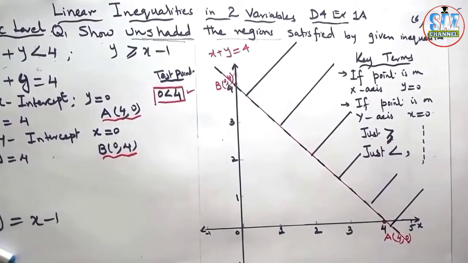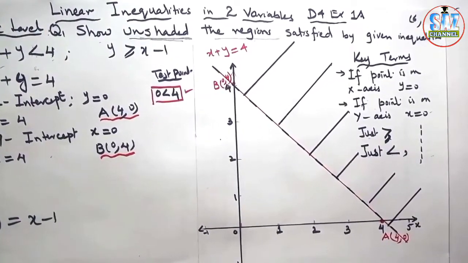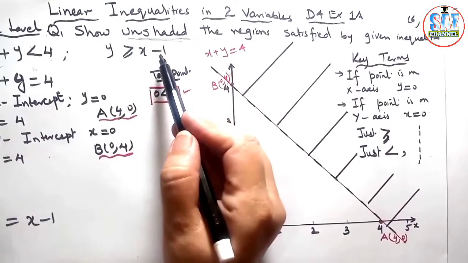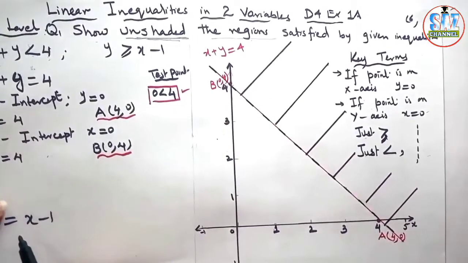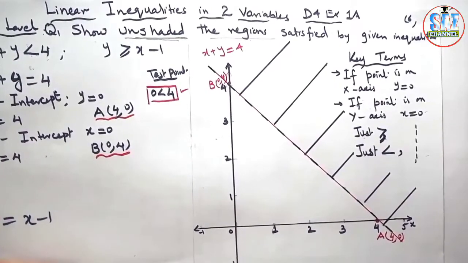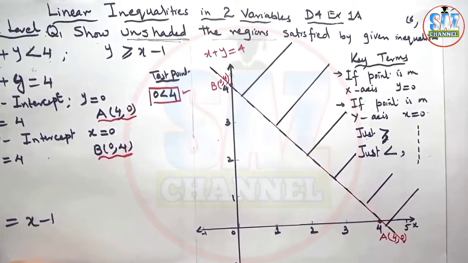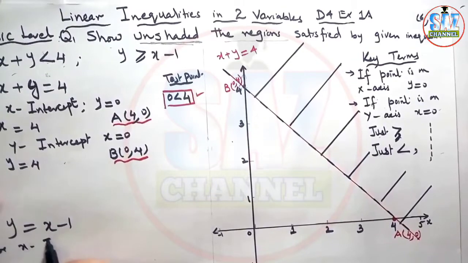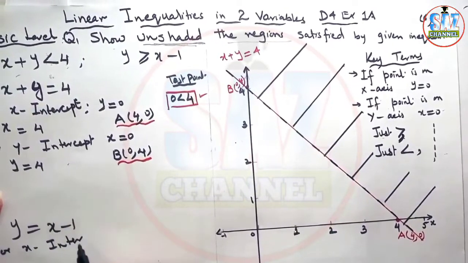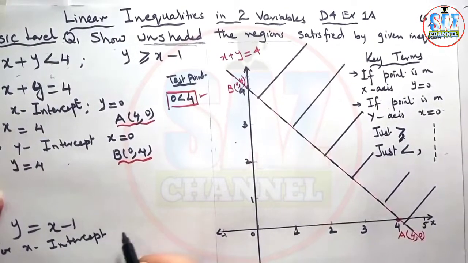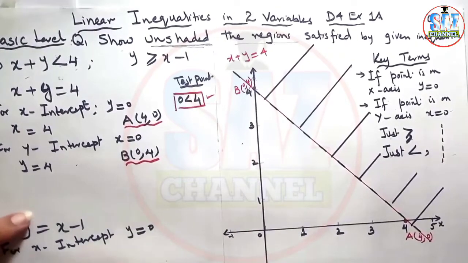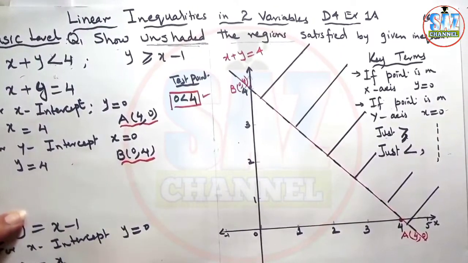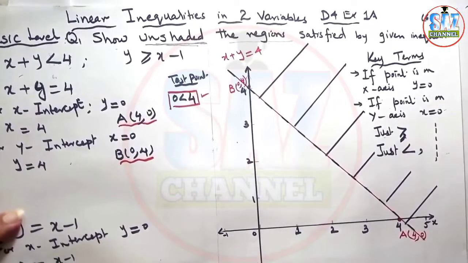Coming to the second case, y is greater than or equal to x minus 1. Turn the inequality into the form of an equation and find intercepts. For the x-intercept, put y equals to 0. When I'm putting y equals to 0, I'm getting x equals to 1.